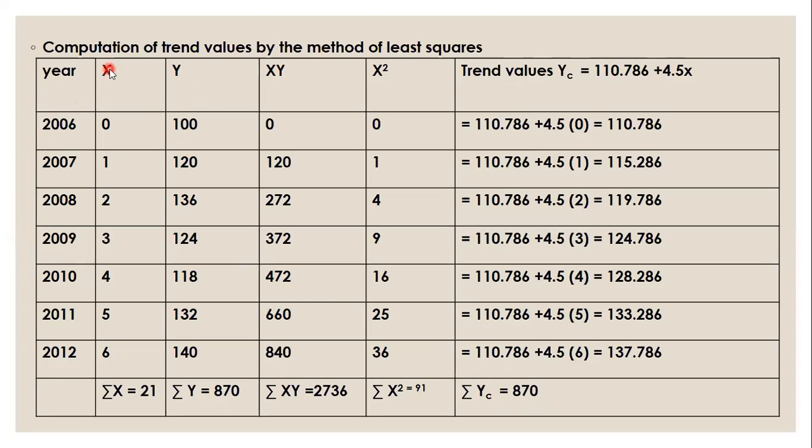You don't consider x in the graph; you consider the y values, that is the computed values, and then the trend values, the last column which we calculated. So that was your first problem.